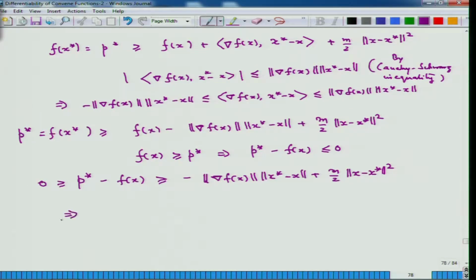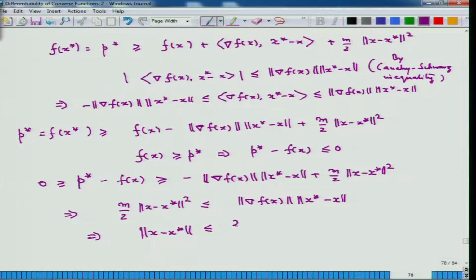So, that would immediately imply that m by 2 norm x minus x star square is less than or equal to norm grad f x times norm x star minus x. Because x star is not equal to x, this norm is not equal to 0, so we can cancel out to write norm x minus x star is less than or equal to 2 by m into norm grad f x.